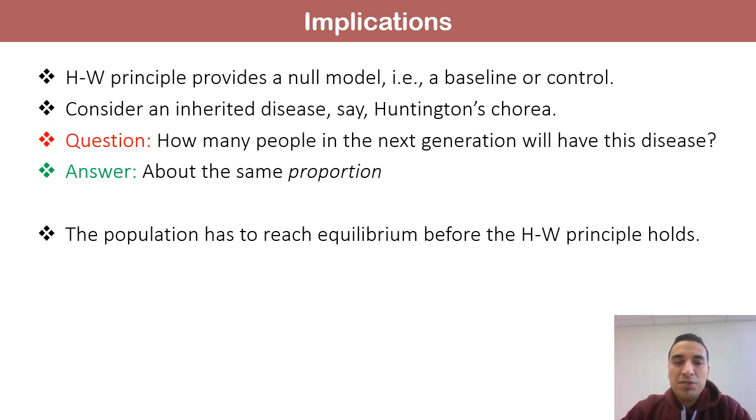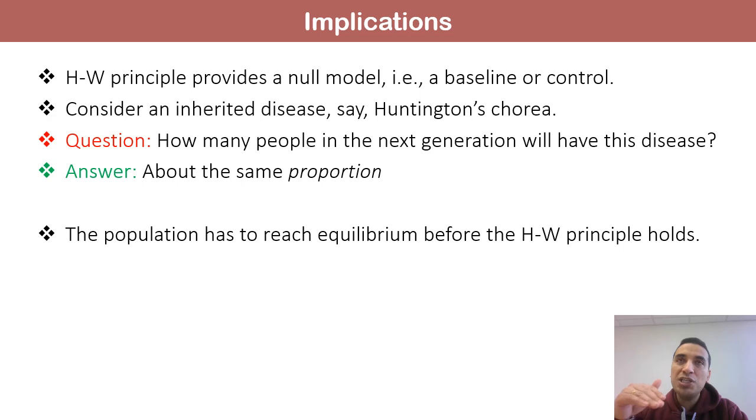Of course, the Hardy-Weinberg principle says that the population has to reach equilibrium before it holds. Remember, we started with the carnivore example. We started with something like 0.67 and then 0.3 something and 0.11, right? But then in the next generation, we had 0.45, 0.44, and 0.11, and then constantly we would get the same one.